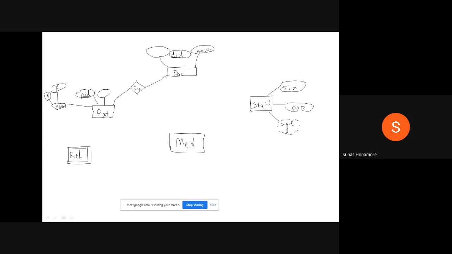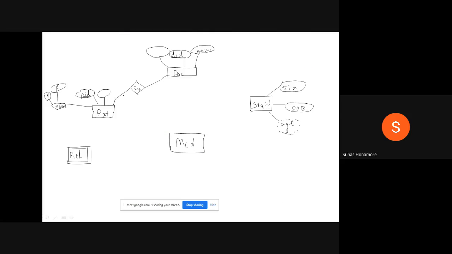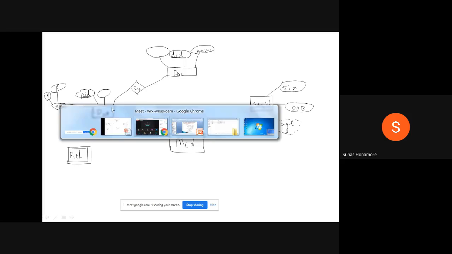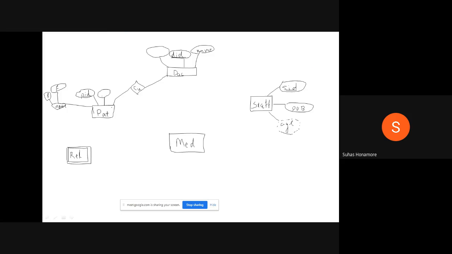And what about this one? Is the doctor completely dependent on the patient? Reverse way, is it true? Yes or no? You have two options only.